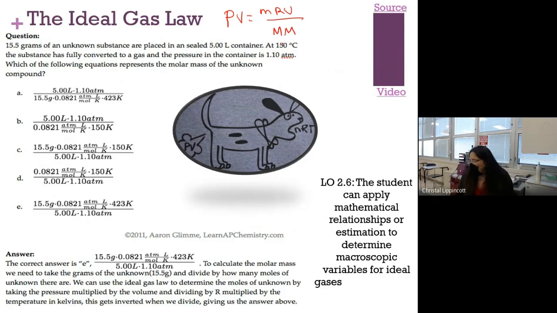We're solving for MM, so if I rearrange this, it's going to be MM equals mRT over PV. Okay, so we want to look for somewhere that the mass is on top. So that's going to get rid of this one. It's going to get rid of this one.